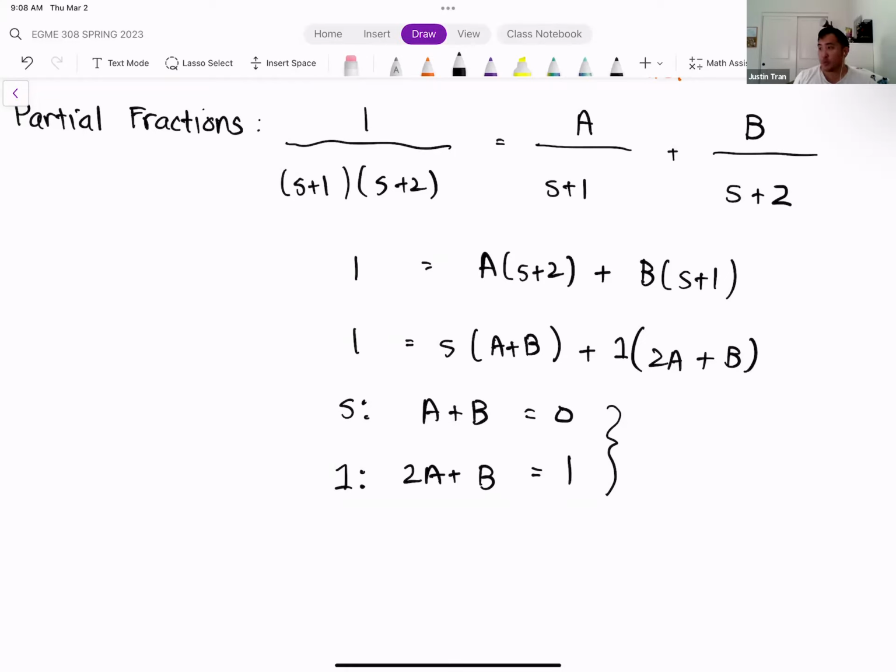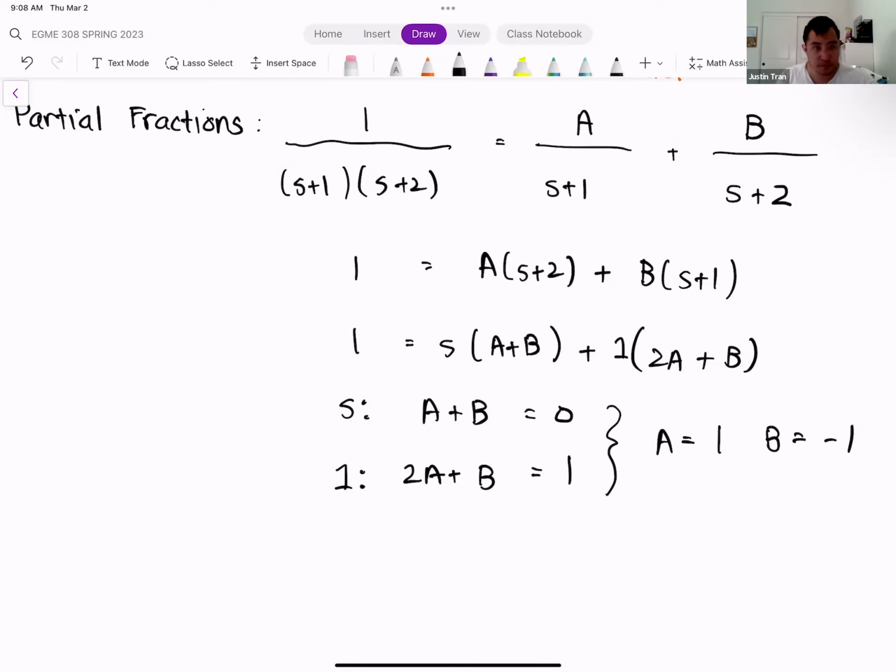So we have our system of two equations here, and we can solve those for A and B. I'm going to skip to the result because this system is fairly easy. You solve the first equation, get A is equal to minus B, plug that into the second equation and solve for B, then plug that back in for A. The result is A is equal to 1 and B is equal to minus 1.